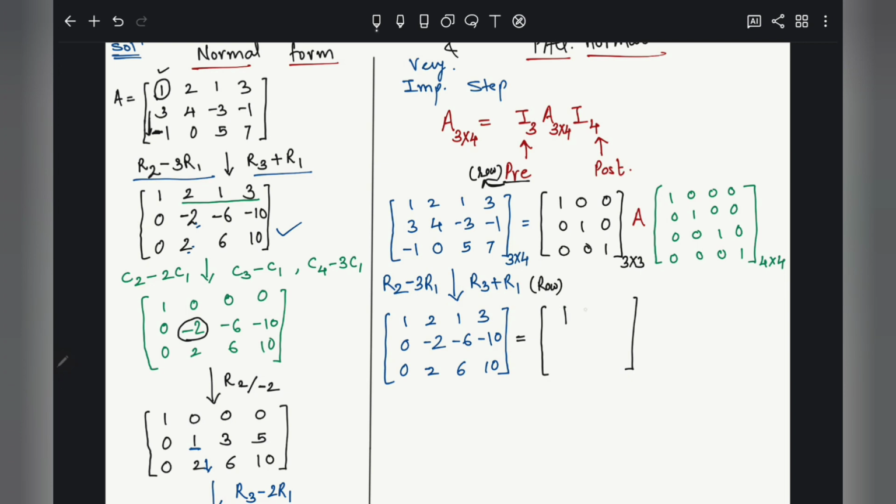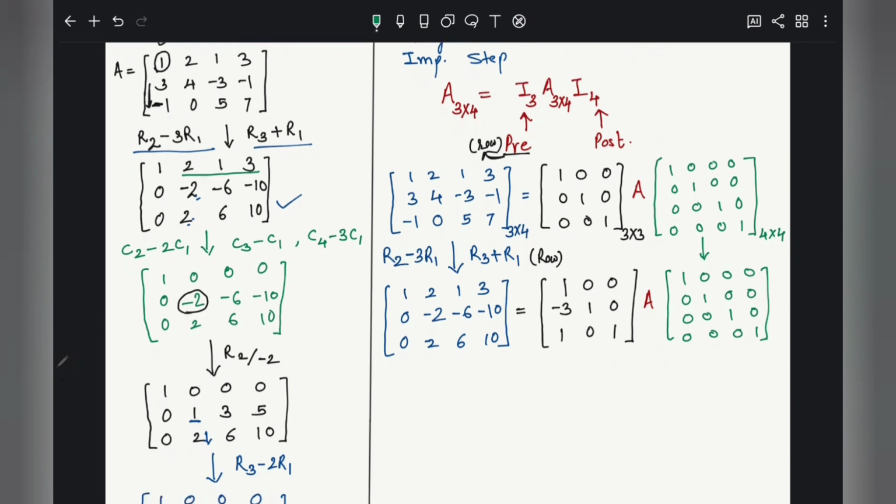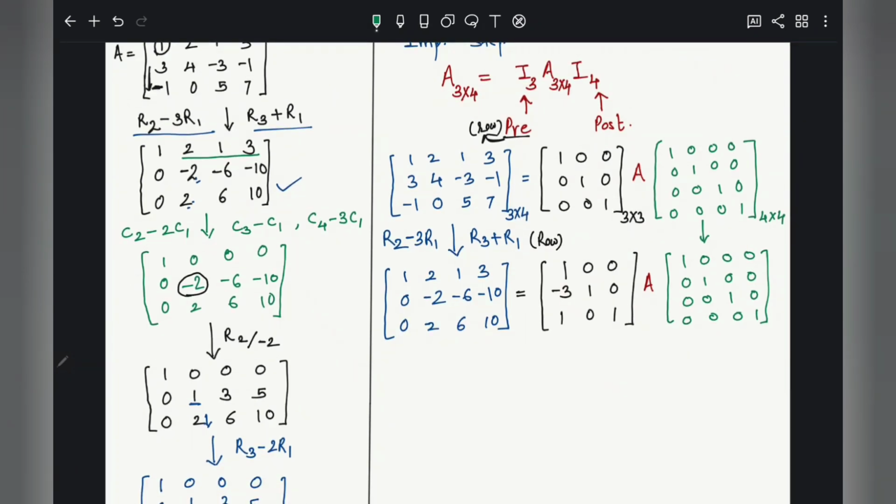So R2 minus 3R1 will result in this, and R3 plus R1 will result in this. The rest of the things need to be copied as they are. I have not changed this one because the row operations have to be repeated only on the pre-multiplied identity matrix.